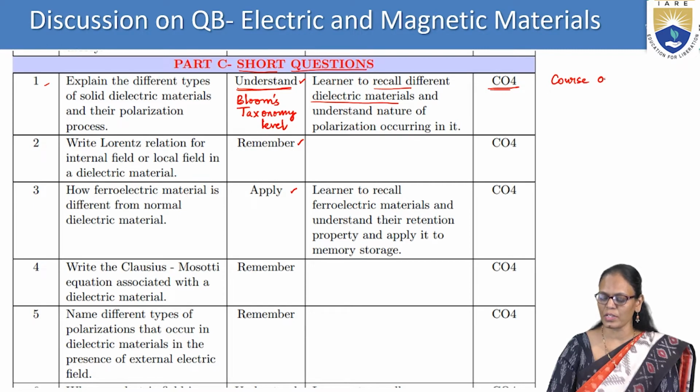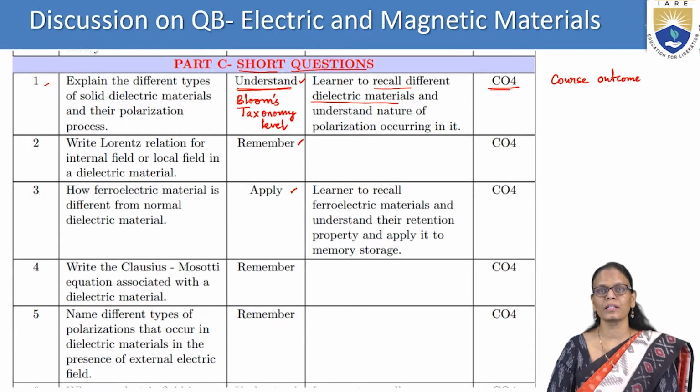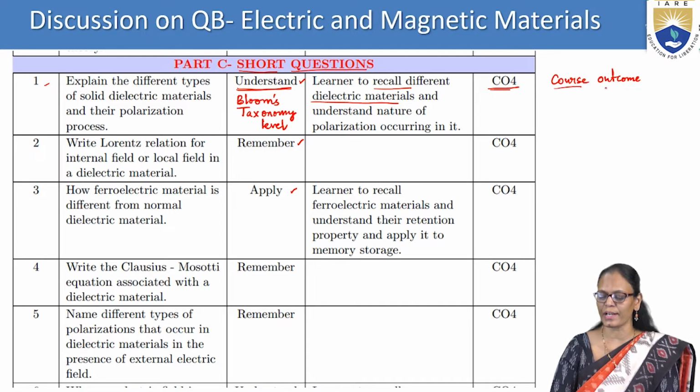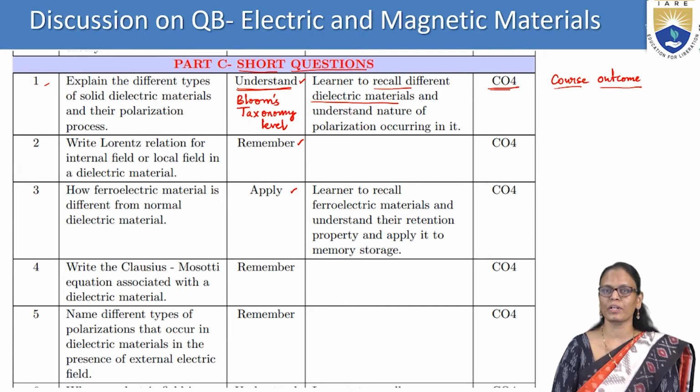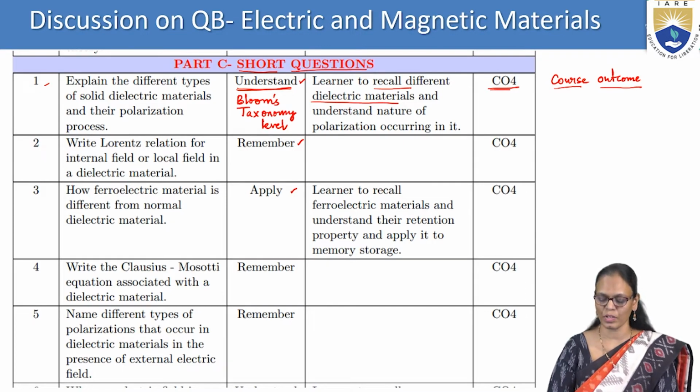Course outcomes are generally the outcome mentioned when you are learning this topic. What will the student be able to do after learning this? That is what we call the student outcome or the course outcome. Now, I will be discussing the questions one by one, and I will not be talking about the other parts. That is for understanding.